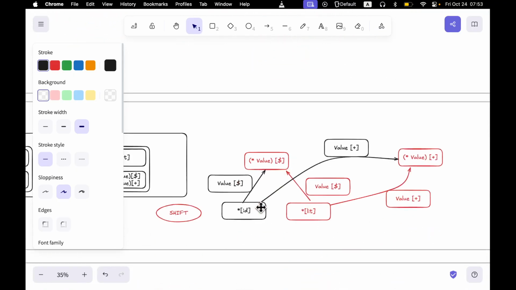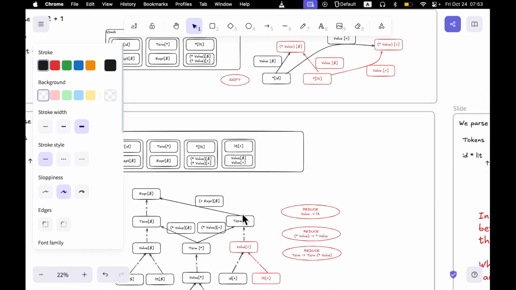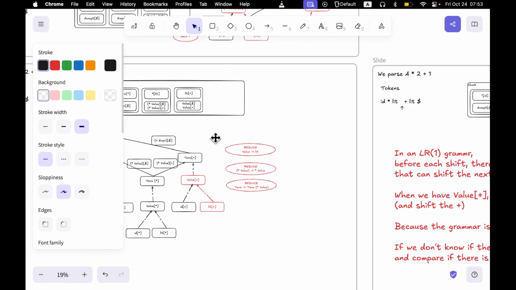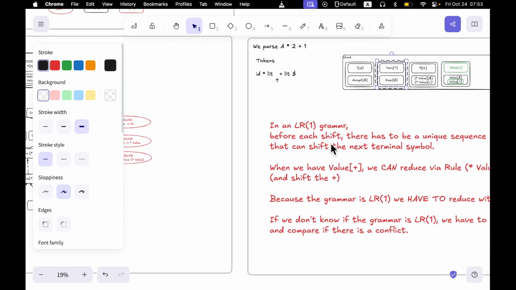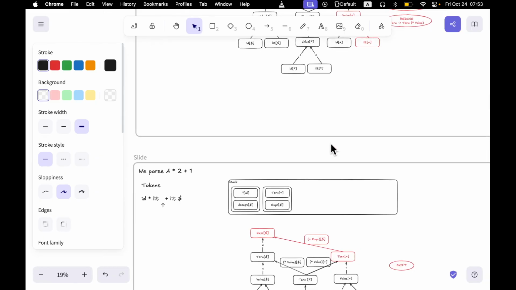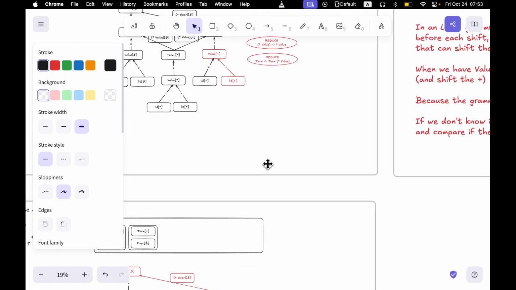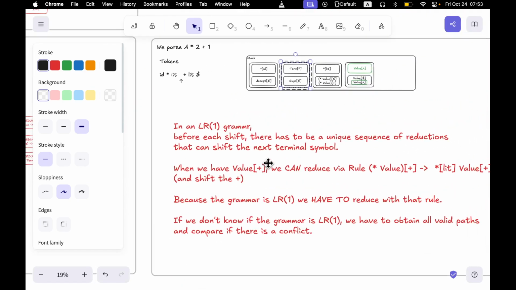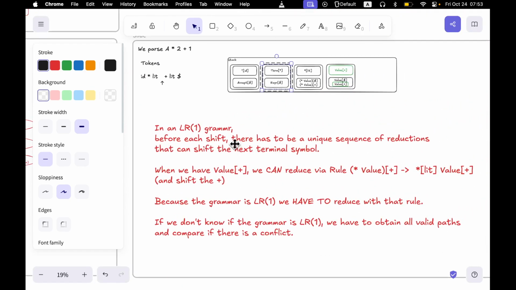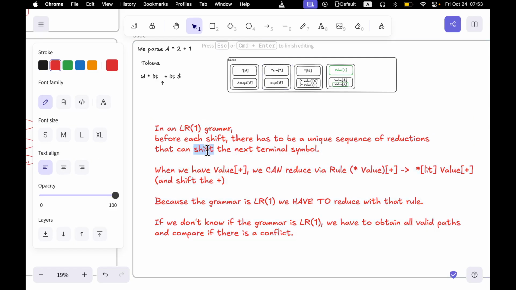So after a series of reductions, according to the goals we set during the stack shift process, we can always go into a state that can shift the following character. That is why following the reductions corresponding to each goal can lead to a state that can shift the next terminal symbol.